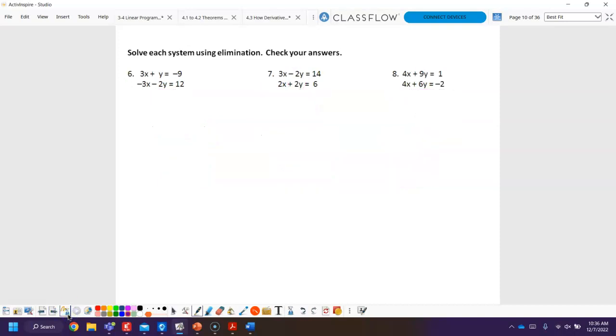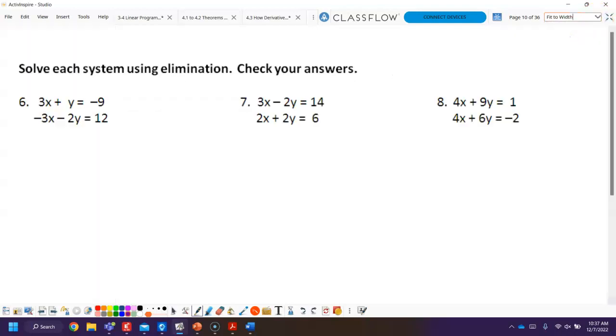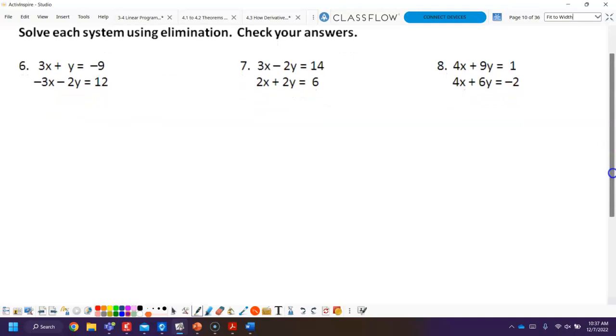So if I look at example number 1, I have 2 equations, and in the first equation, what I notice is that both the x's have a coefficient of 3, where one is positive and one is negative.